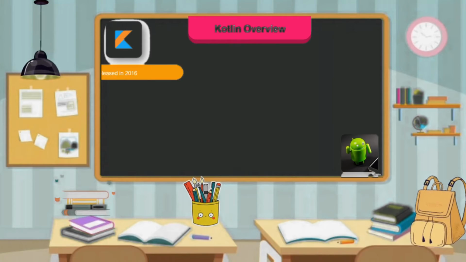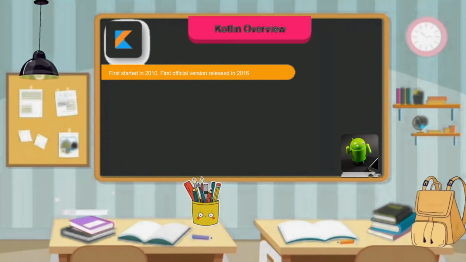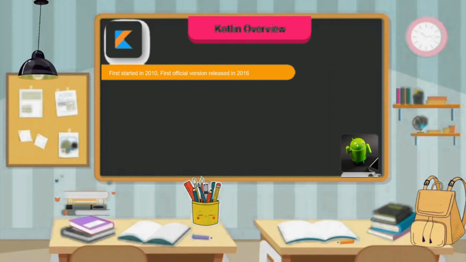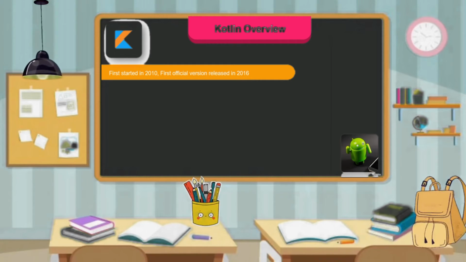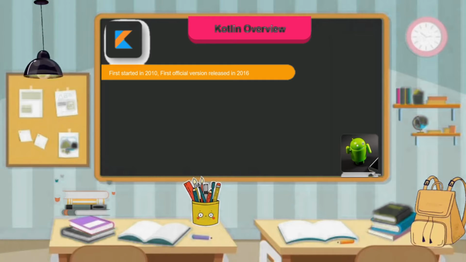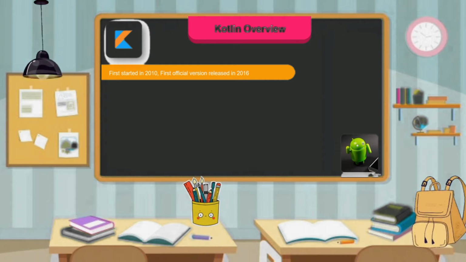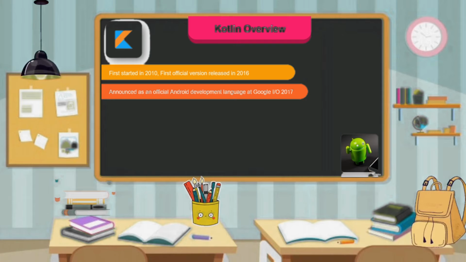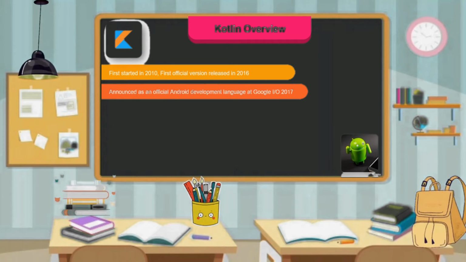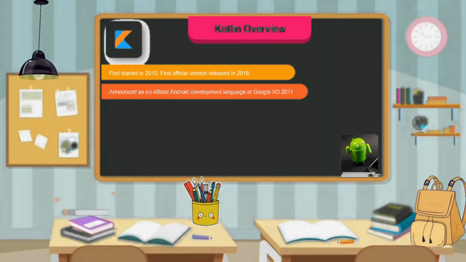All right, so the Kotlin project was first started in 2010 as open source. So it's a completely free language, and its first official version, 1.0, was released in February 2016. It's a long time, huh? But Kotlin was announced as an official Android development language at Google I/O 2017.